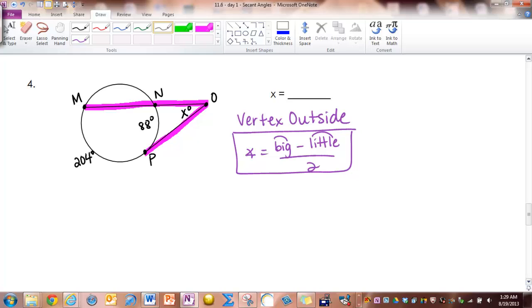Now, our angle in this situation is x. It equals our big arc. As you can see, our purple angle cuts off two arcs. The first arc is this one, the farthest one away from the angle, and in that case, the big arc is going to be 204 degrees.